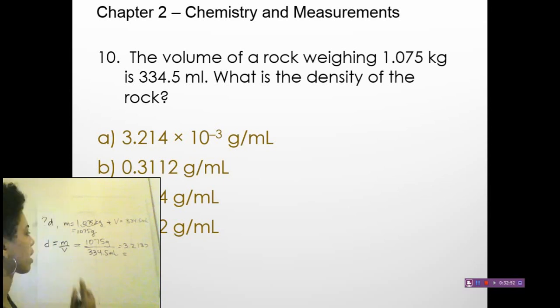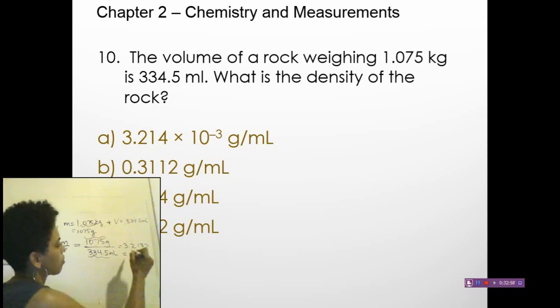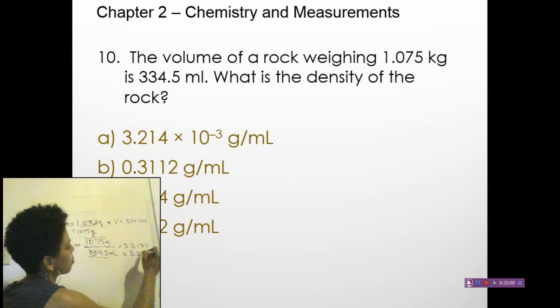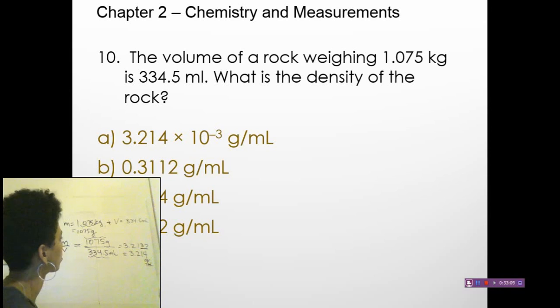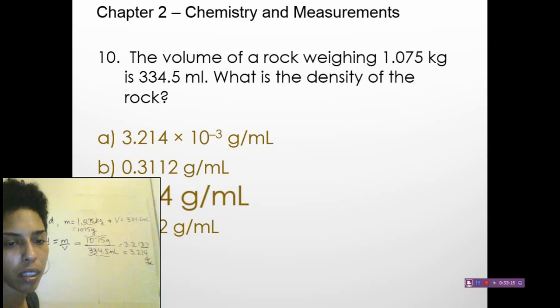So if I'm looking at everything, well, I need how many sig figs? 1, 2, 3, 4. 1, 2, 3, 4. 3.214, and I need to round off this 3 to a 4, and that's going to be grams per milliliter. So there's our answer.